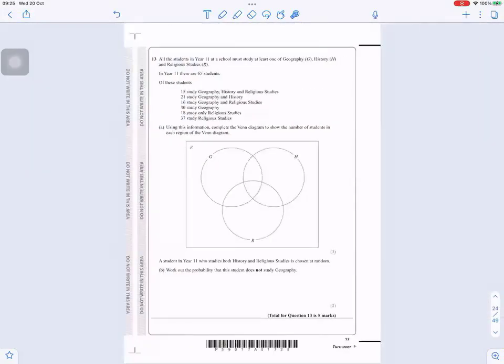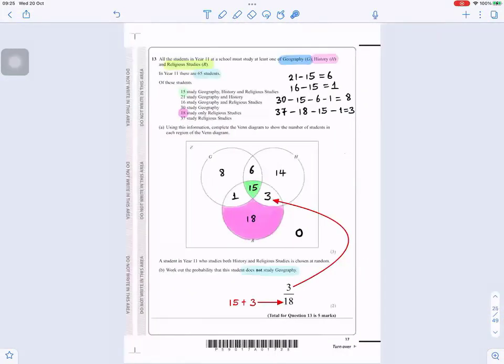Question number 13. All the students in year 11 at a school must study at least one of geography, history, and religious studies. In year 11, there are 65 students.